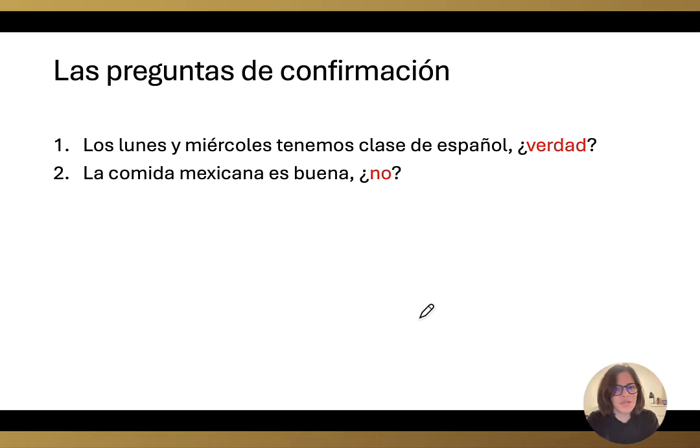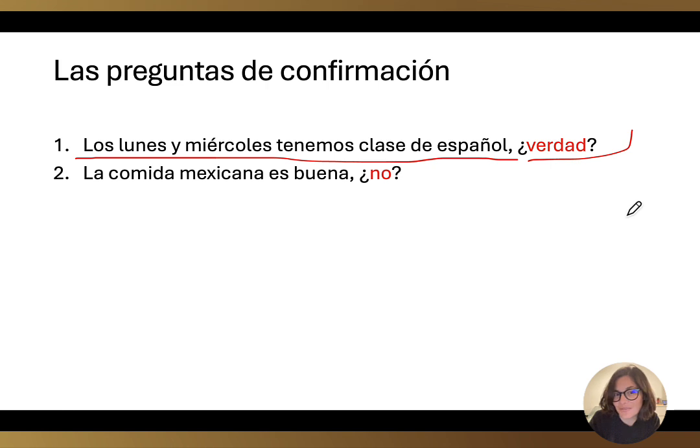Los lunes y los miércoles tenemos clase de español, ¿verdad? And then at the end, ¿verdad? It goes up. And then you're just asking for a confirmation. It's like, I know that we have classes, but just to make sure, we do have classes those days, right?